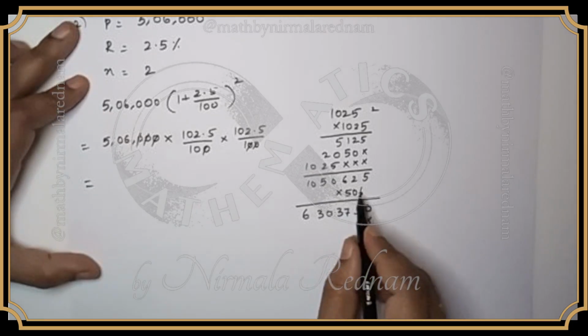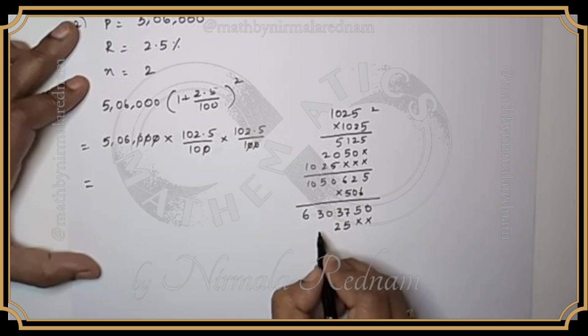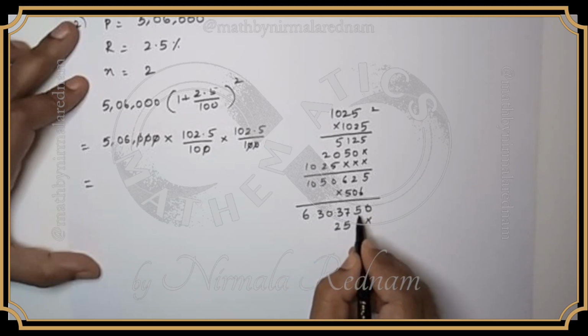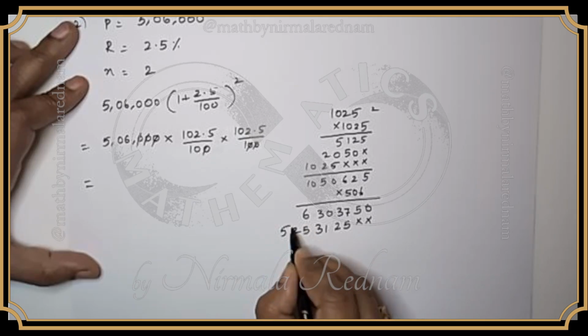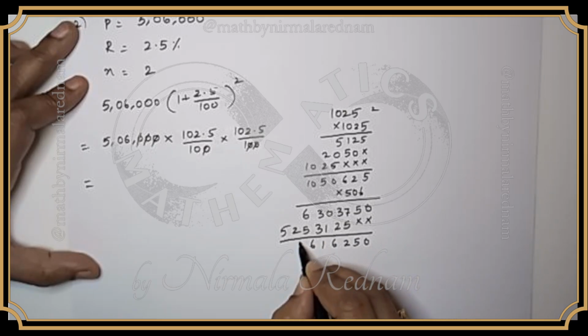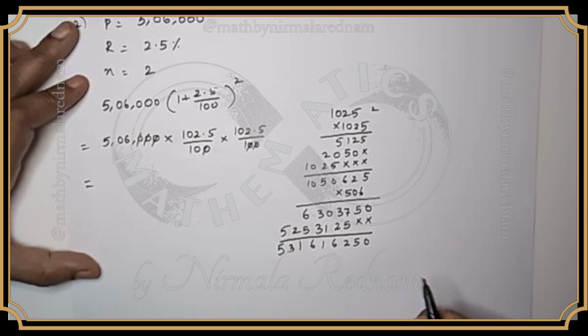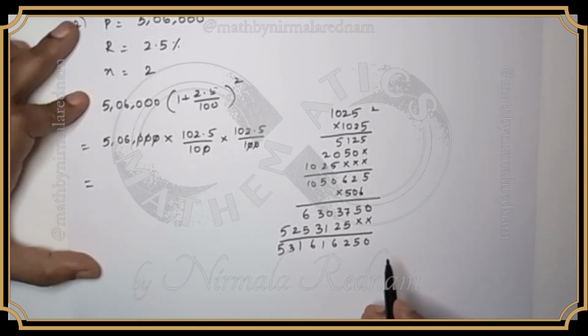Then 25, 5 5 is 25, and then 5. If I add these two, I'm going to get 6135, and then I have 3 decimals, 2 from here and 1 from here.